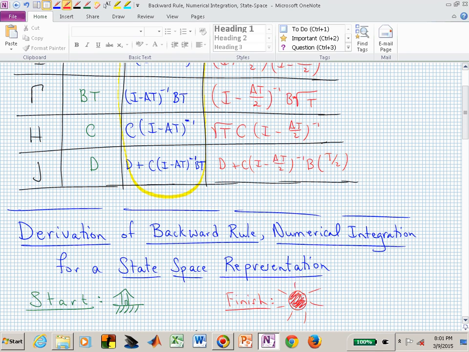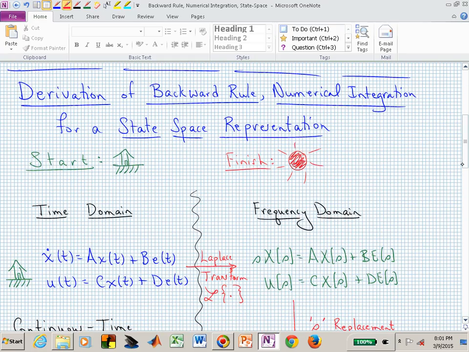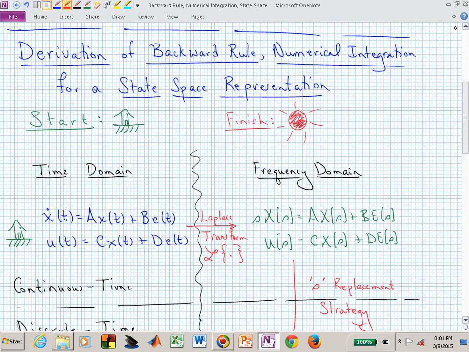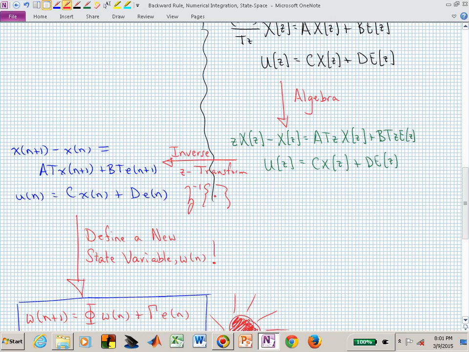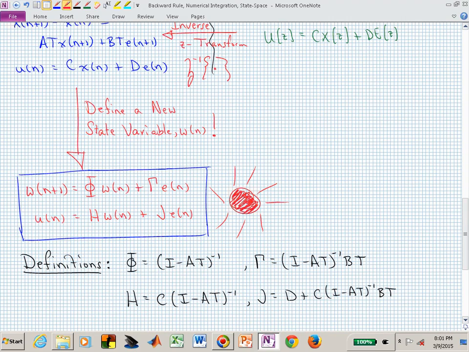U is equal to Cx plus De, meaning we were starting here on the left. Do you see the house? In the blue, in the time domain, continuous time setting, and we wanted to end up down here with some state space representation.